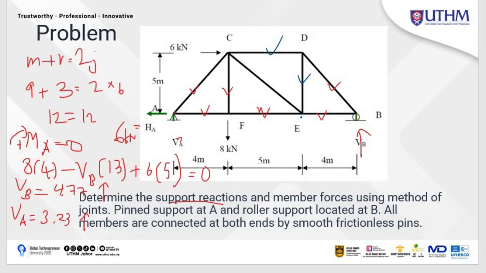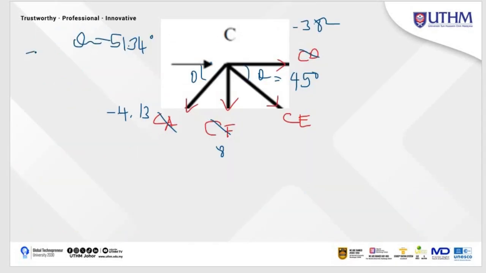For the method of joints, you can choose E or you can choose C. If we choose C, this one will be the last joint, joint C. If you look here, it involves 4 members. Previously, we already found the values of CA, CF, and also CD.